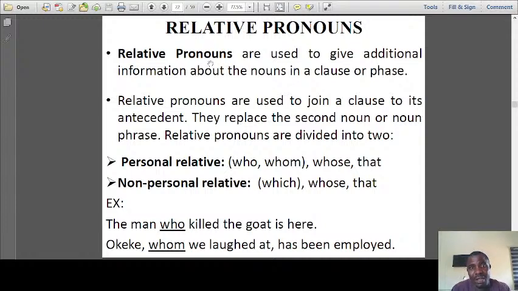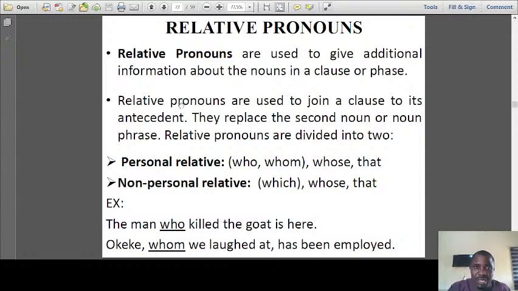Even though they are modifying, they are standing in place of the noun, giving additional information about the noun. There are some occasions that you may use them, and they may not function as relative pronouns. They will function as another part of speech.